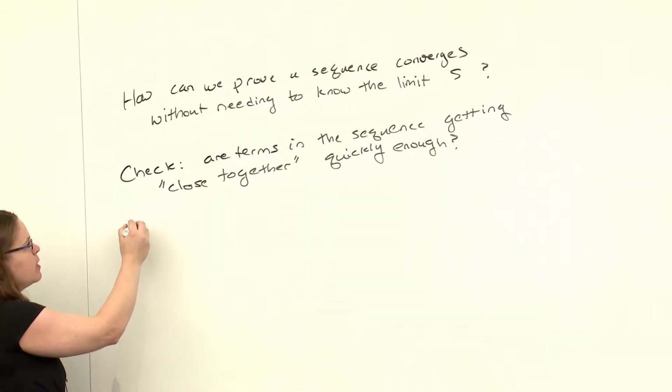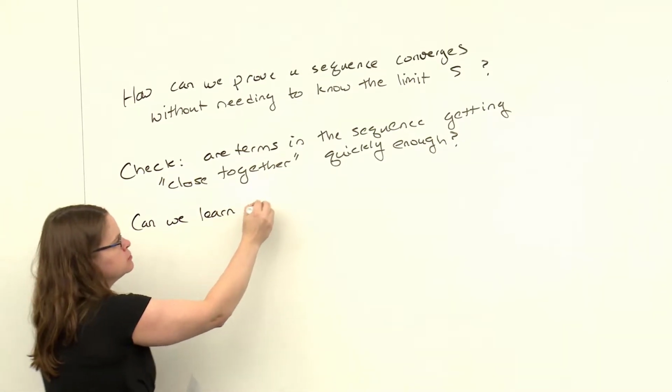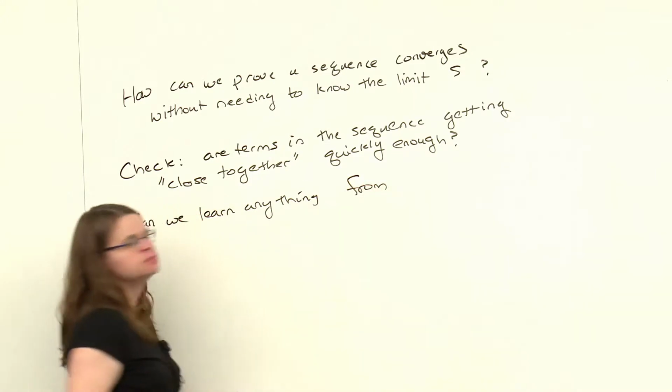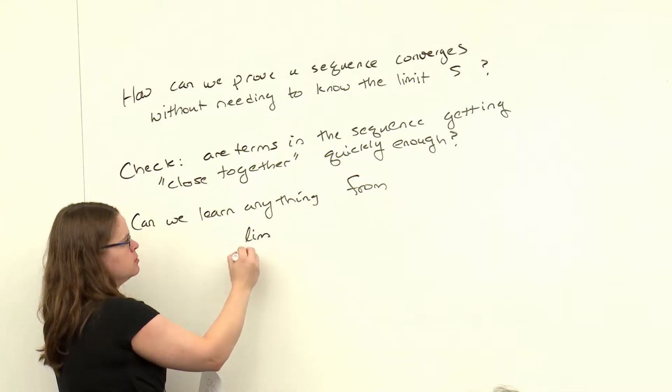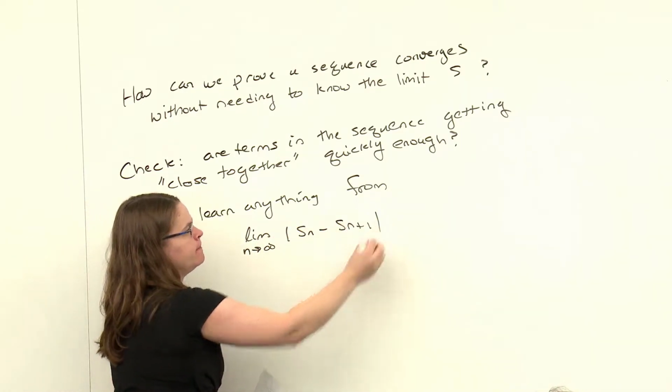Can we learn anything from, say, looking at subsequent terms? So Sn minus Sn plus 1.